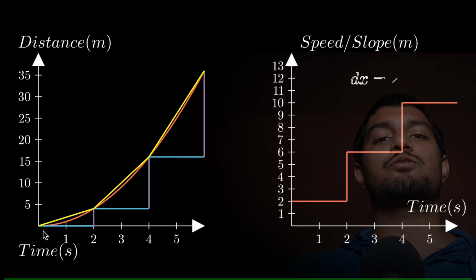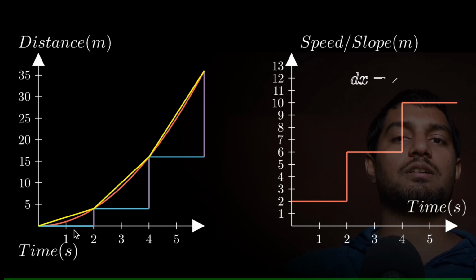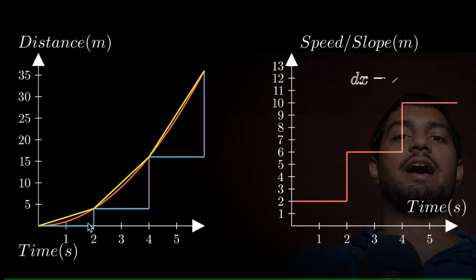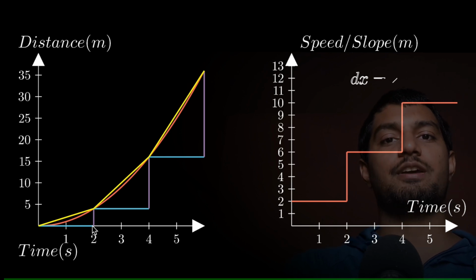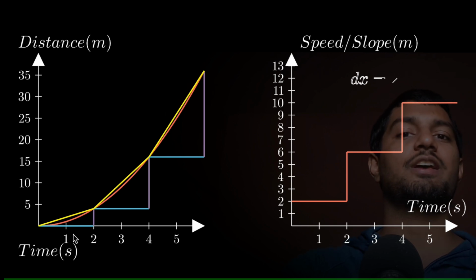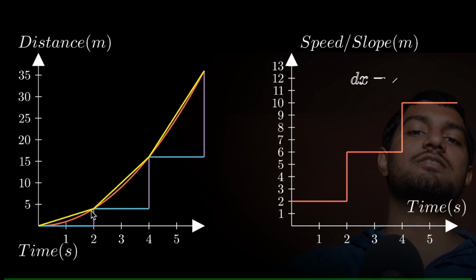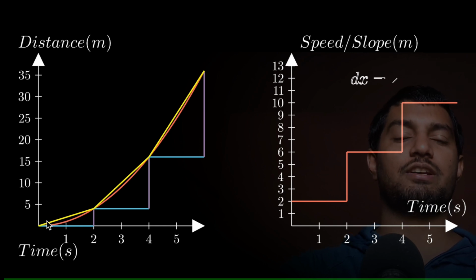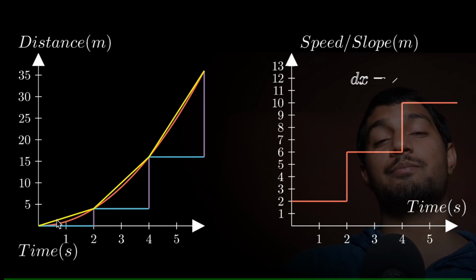So what we did, we tried to take a small time portion, from 0 to 2, and I drew a rise line over here, and this rise line is basically from 0 to 4, and the run is 2, and then I drew a straight line, right? So I can find the slope of this straight line easily. We have learned that in our previous video.